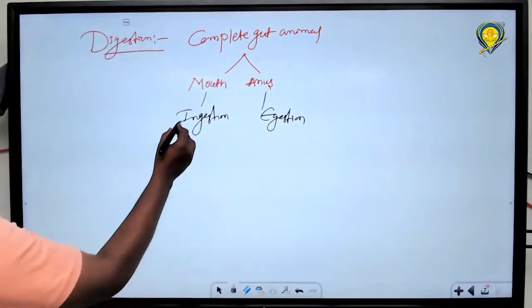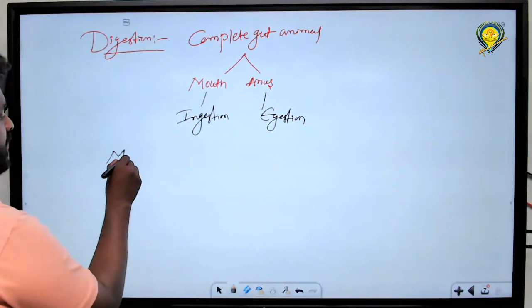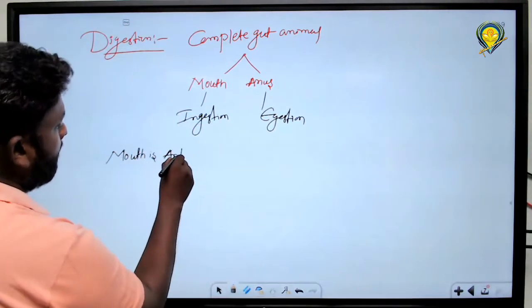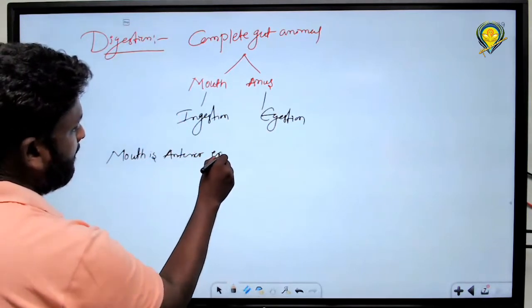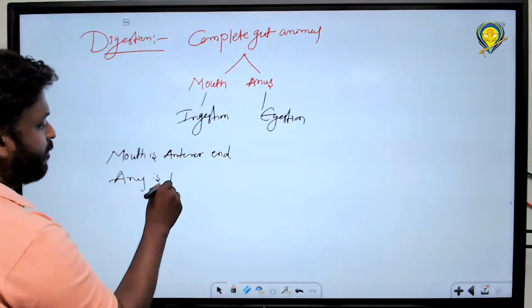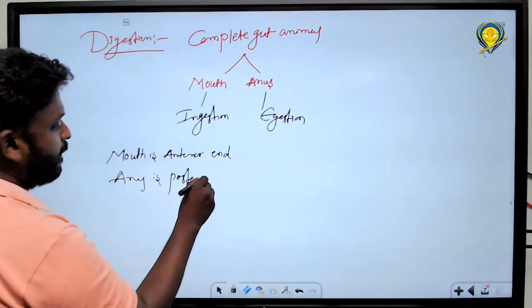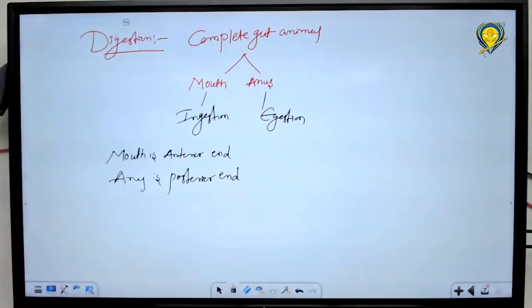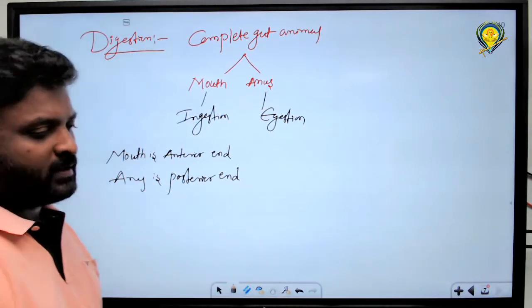Mouth is anterior, and anus is posterior. Got it, right? And we have to know another one.